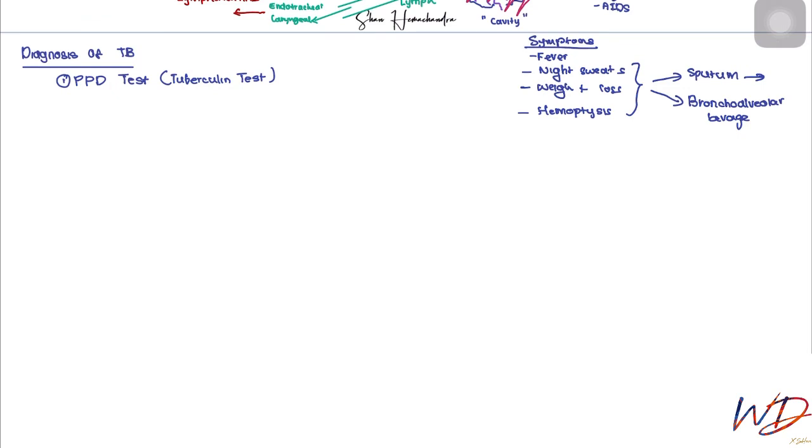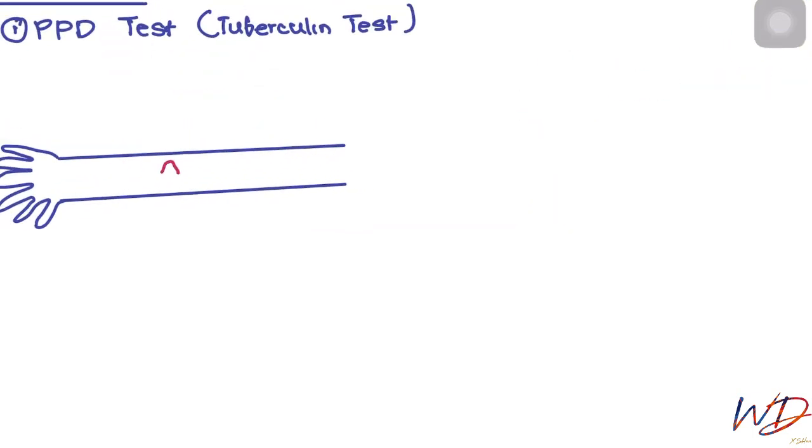Next, we can do a test called a PPD test, Purified Protein Derivative test, also called the Tuberculin test or Mantoux test. What they do is inject components of the bacteria which can elicit a hypersensitivity reaction in our body. Then they mark the diameter and measure it.